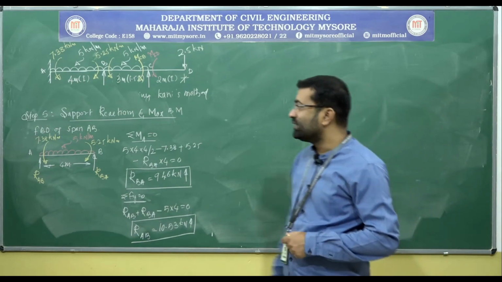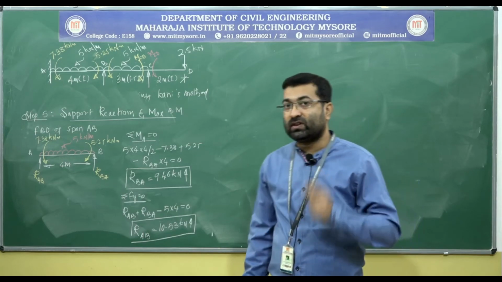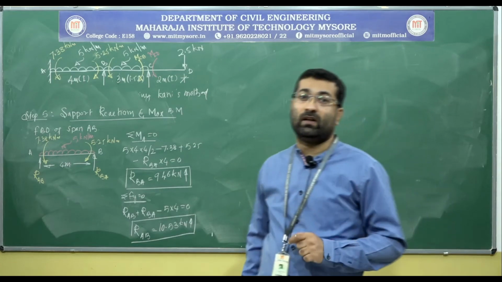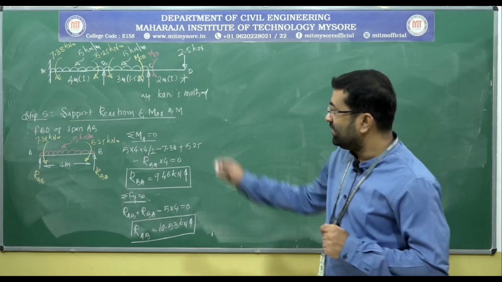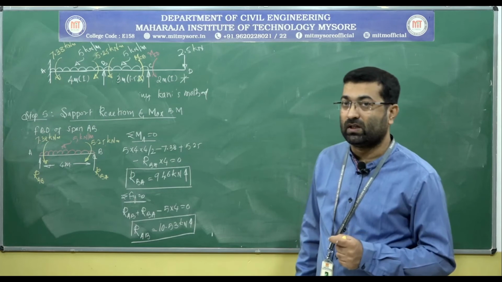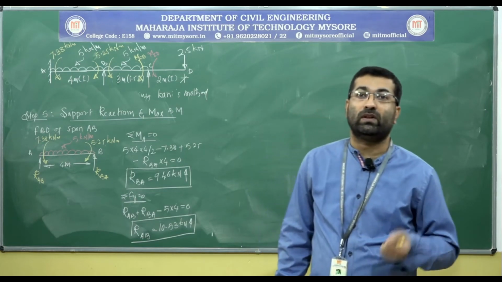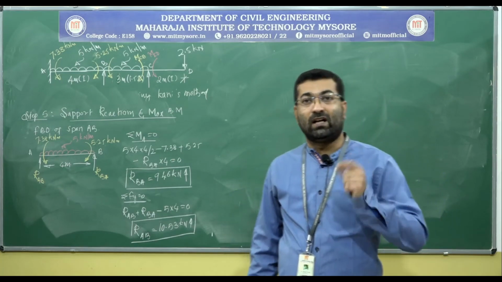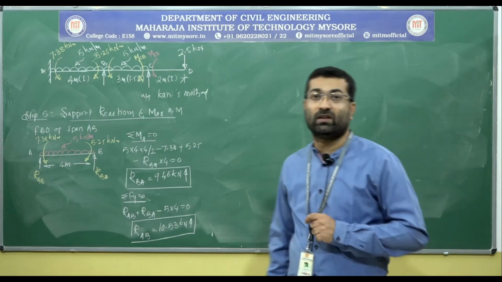Apart from this, we need to calculate the maximum bending moment in the span. So to calculate maximum bending moment, first we need to know where exactly the maximum bending moment will occur, that is the location. But as the load is UDL in nature, we cannot say particularly at some location it will occur. So we need to determine that. If it is a point load, then we can say that under the point load the bending moment will be maximum, but here the situation is something different.